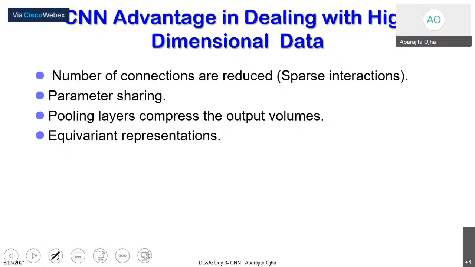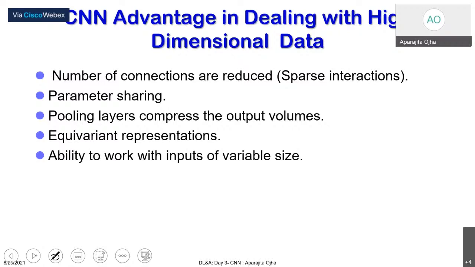It can detect the same pattern. For example, in crude terms, if it is an eye detector, then if there are small changes in eyes, it will be able to detect the eye with small changes. So that is what an equivariant representation is.